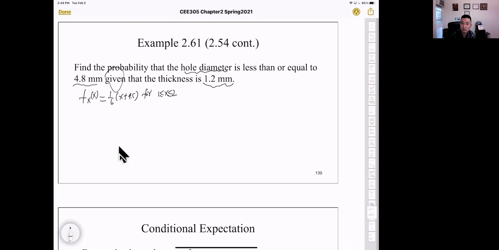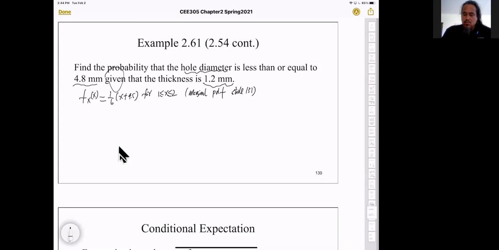So that's the marginal PDF, from the previous slides, slide 131.